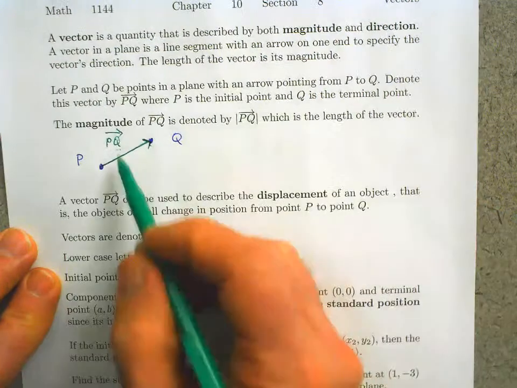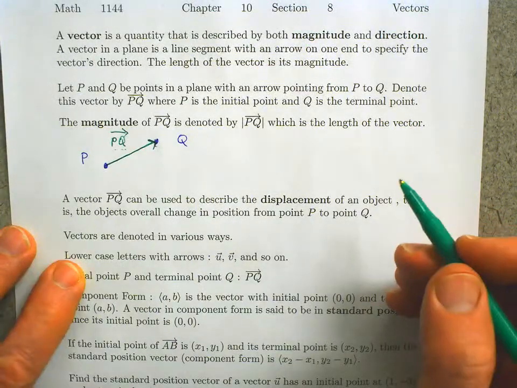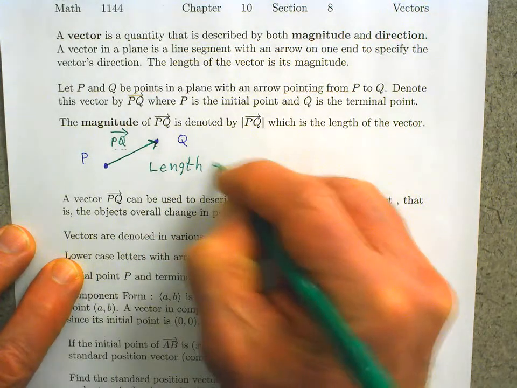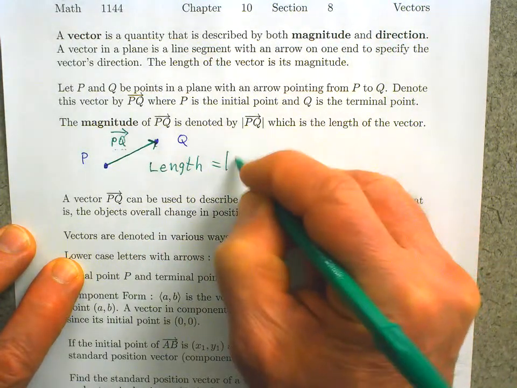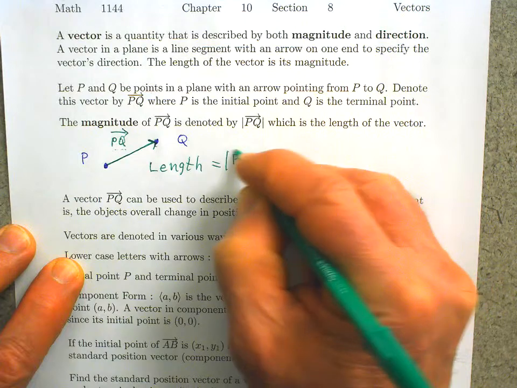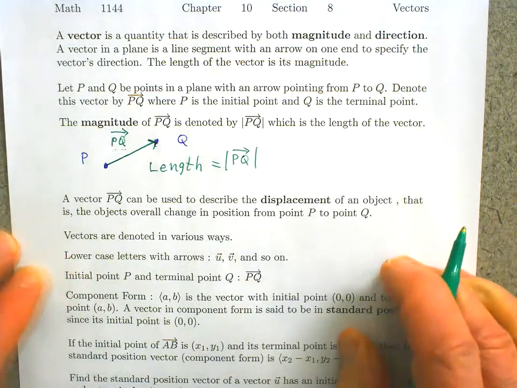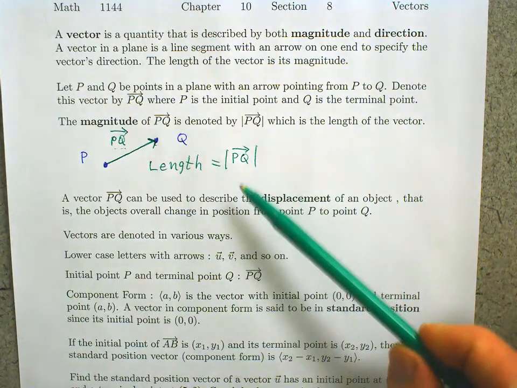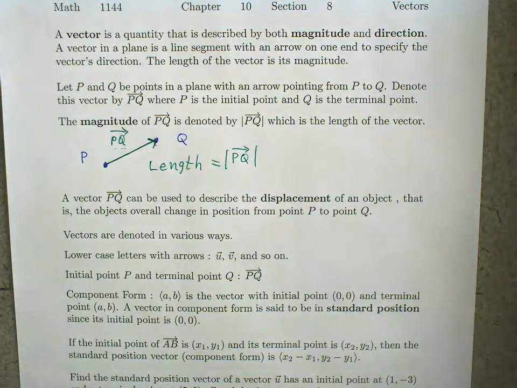So this is the vector PQ. And the length is just the absolute value of PQ. So there will be a familiar formula for finding the length of a vector that you'll see shortly.